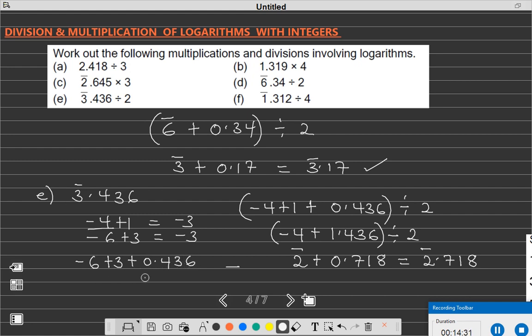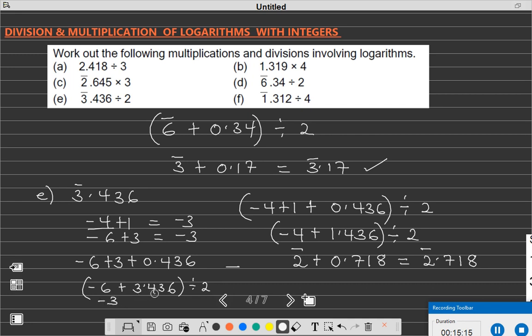So we shall get negative 6 plus 3.436 divided by 2. You can see that this 6 is a multiple of 2. 2 is a factor of 6, so we cannot get a remainder here. So when you divide negative 6 by 2, you get negative 3, or the 3 bar.